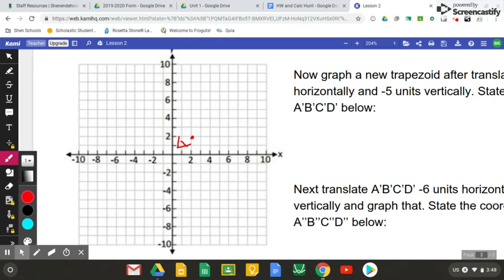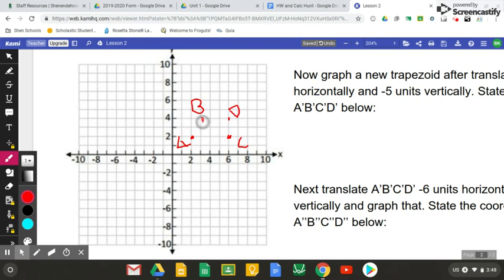I know mine's sloppy. B is 3, 4. Here's B. C is 6, 2. There's C. And D is 6, 4.